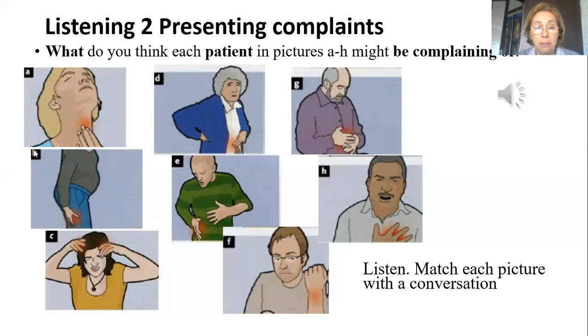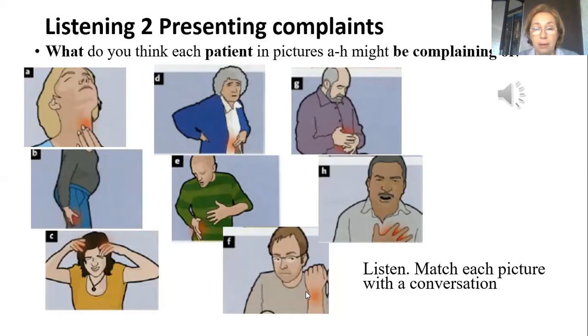So leg, yeah, thigh. Yes. Okay, so picture C. The head. Headache. So the problem with the head. Picture D. Stomach. Pain. E. Waist. Okay.